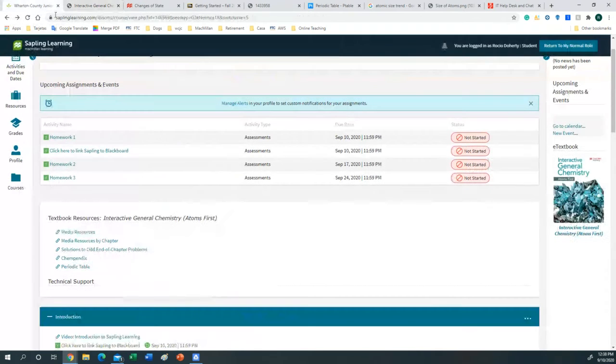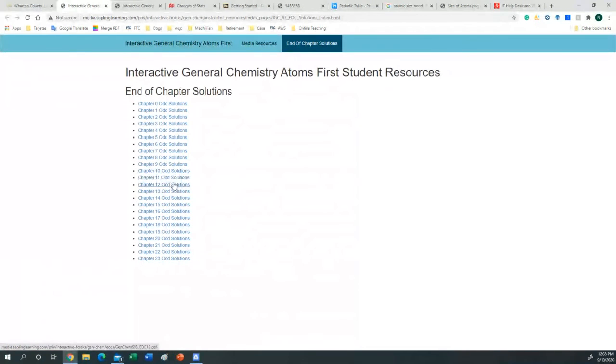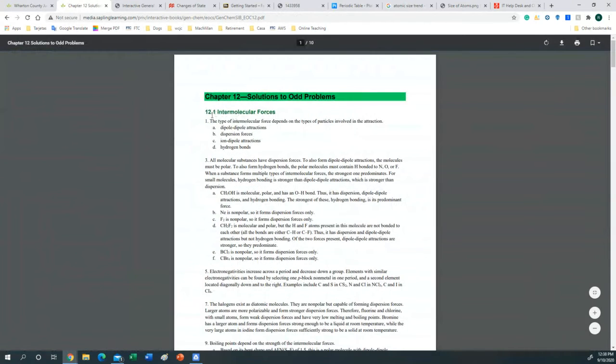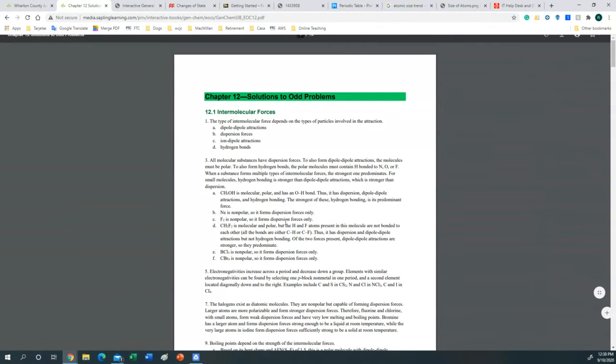Now, the other thing here is the solutions to odd end-of-chapter problems. If you click here, let's say you are in chapter 12, and you have step-by-step how to deal with the odd end-of-chapter problems. We won't have time today to do any problems, but we start next week anyway.